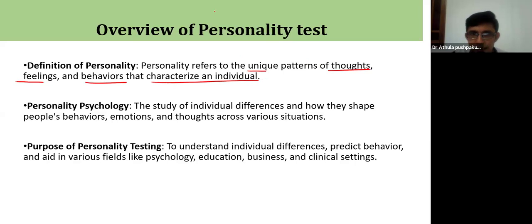The reason is that one student thinks private education is better, another thinks free education is better, according to their thinking pattern. Now, feelings: when concerned about medicine, some like Ayurvedic medicine, some like Western medicine.